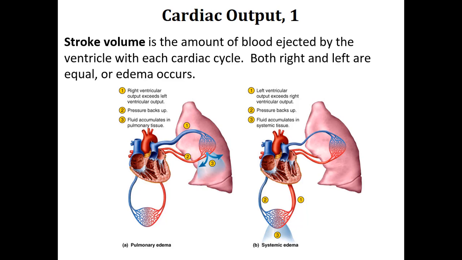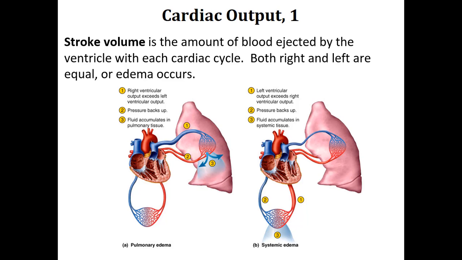But if one has 100 mils and the other only 70, then what's going to happen? If the right ventricle ejects 100 and the left ventricle only ejects 70, where is that blood going to end up? Where's the edema going to be?